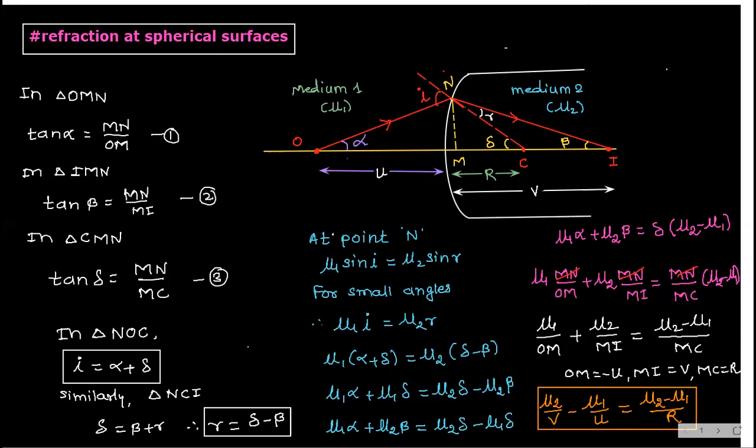Okay, understood everyone? So here we have to assume sin i is nearly equal to tan i, and this tan i is equal to just i, or sin i is nearly equal to i.